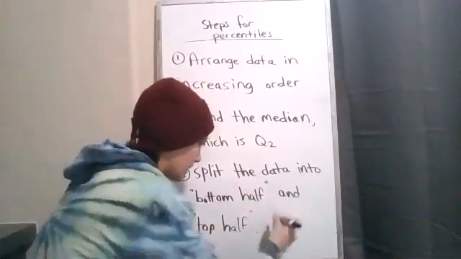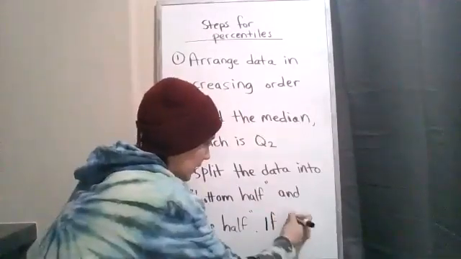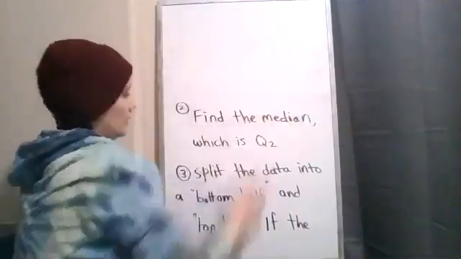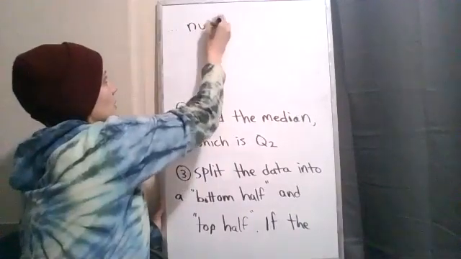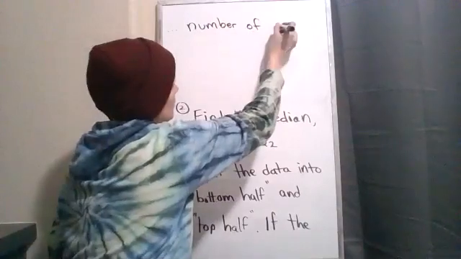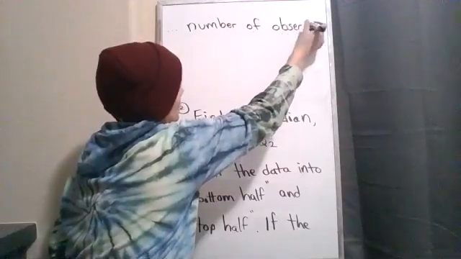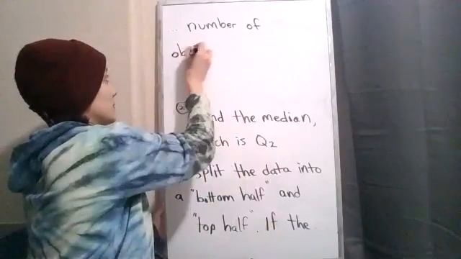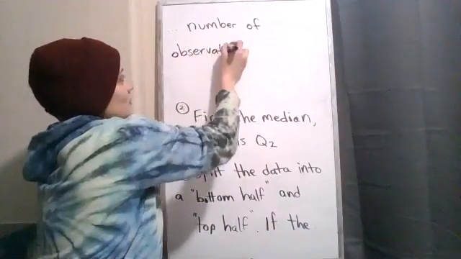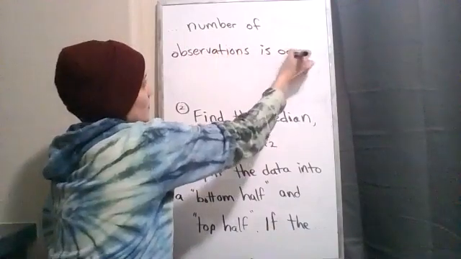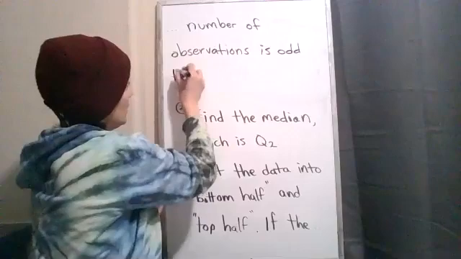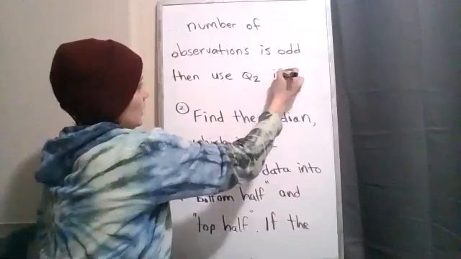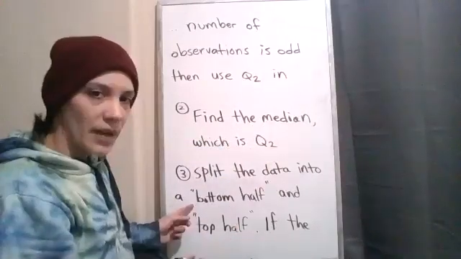So if the number of observations is odd, use Q2 in both halves, in the bottom half and the top half.